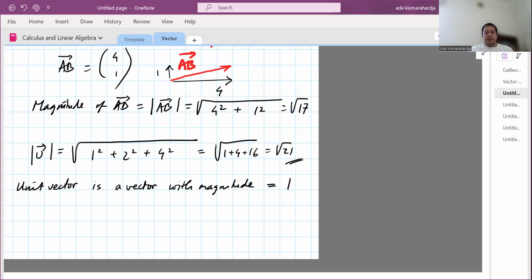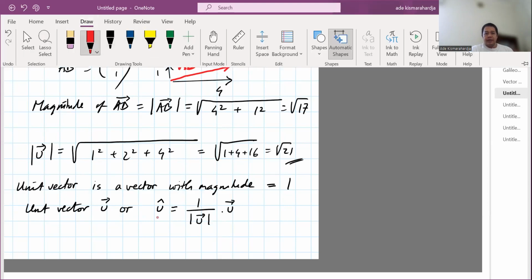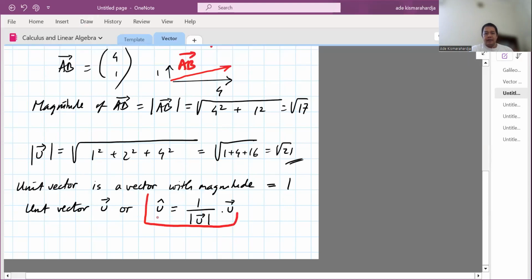A unit vector is a vector with a magnitude equal to 1. So, for example, the unit vector of u, or we can write it using a small cap like this, is calculated as 1 over the magnitude of u times the vector u itself. So that's the formula of a unit vector.